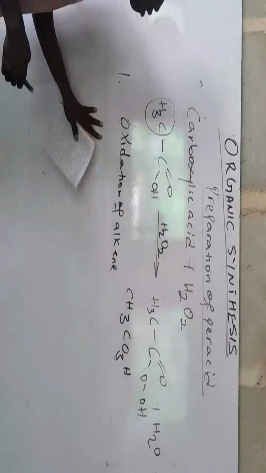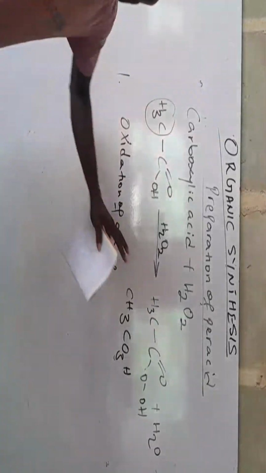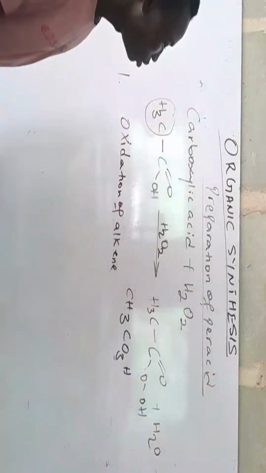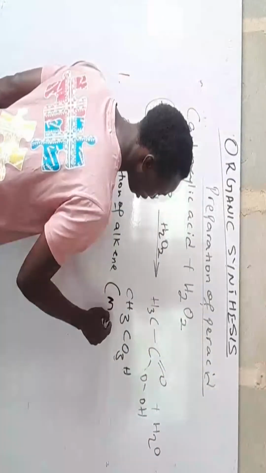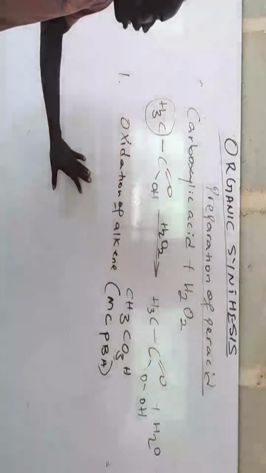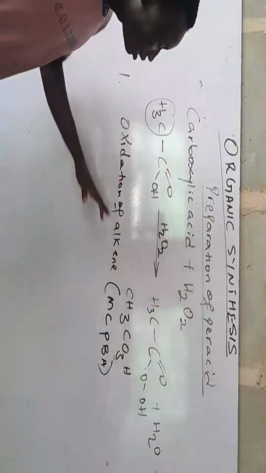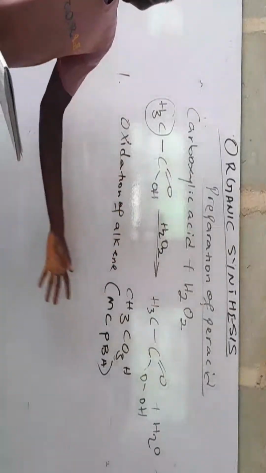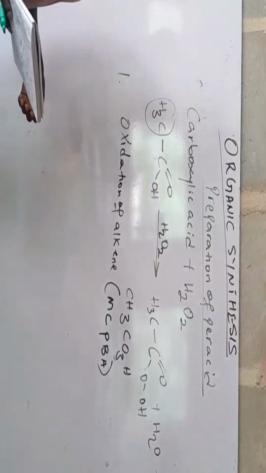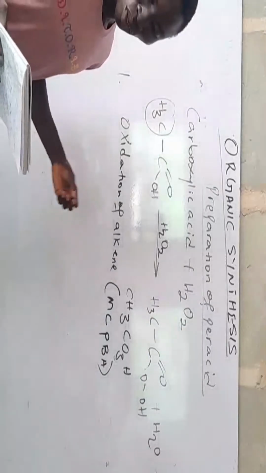So, oxidation of alkane with the use of what we call the MCPBA that I mentioned the other time, is an excellent oxidizing agent that you can use there and convert a given alkane to a respective needed compound. So that respective needed compound is actually the process referred to as what? Epoxidation. The process is called epoxidation.